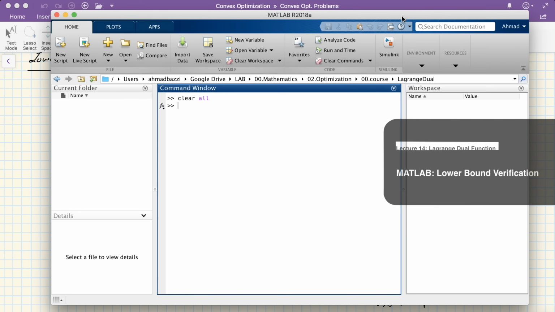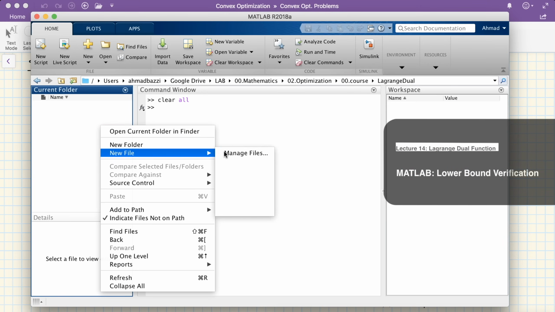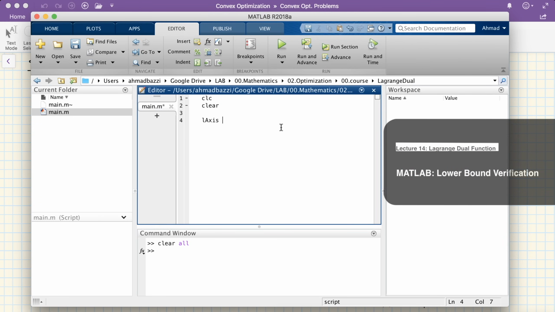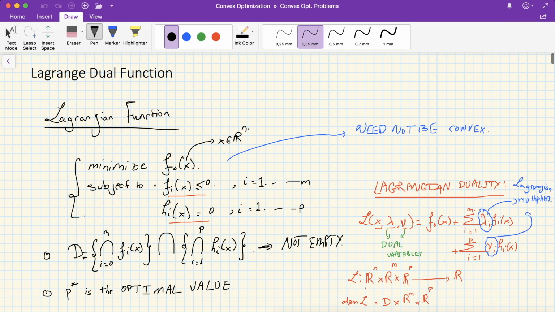Well, let's use a bit of MATLAB to visualize this bound. I'm going to create a main script where I define the lambda axis. Given a problem, for simplicity I'm only going to consider one inequality constraint.